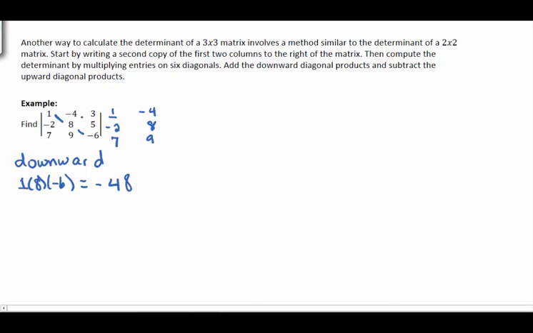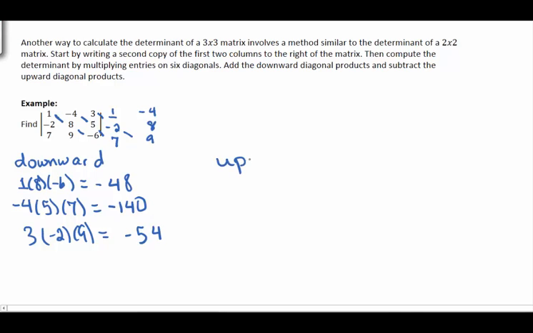The second, negative 4 times 5 times 7, which is minus 140. The third, 3 times negative 2 times 9, which is negative 54.